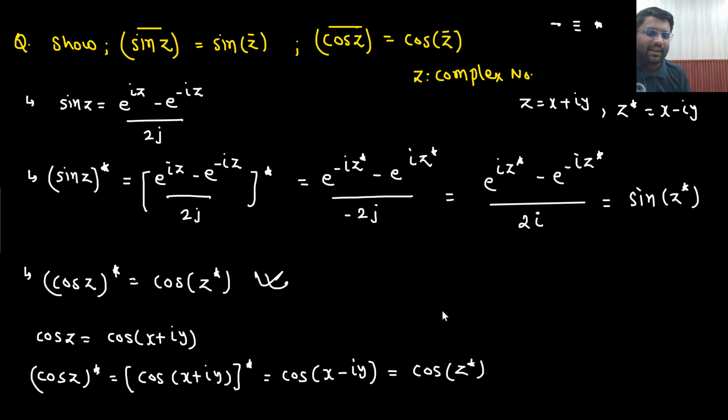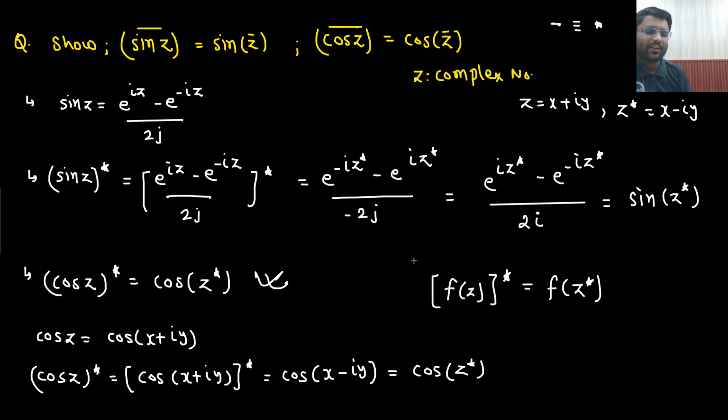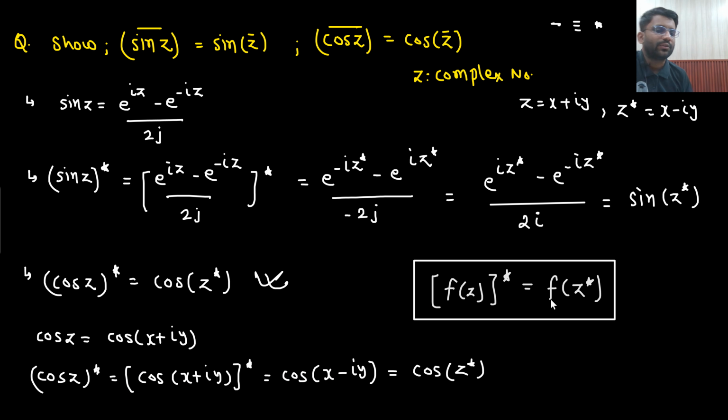That's it. If I ask you what is f of z whole conjugate, what will your answer be? Sir, f of z whole conjugate would be nothing but f of z conjugate. Say yes or no. Did you understand this? So no matter whether it is sinusoid, cosinusoid or whatever it is, simple thing is that f of z whole conjugate would be equal to f of z conjugate.